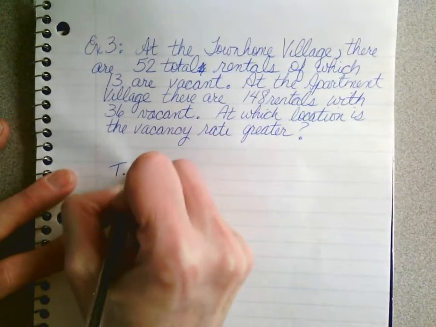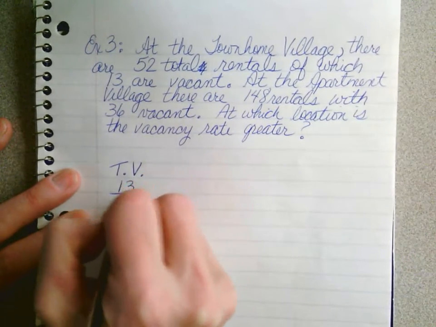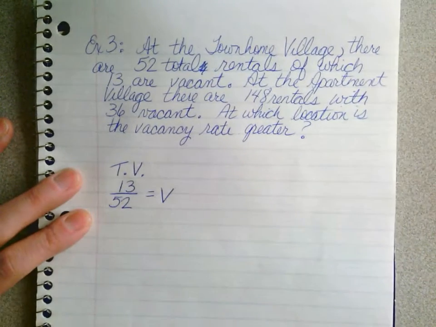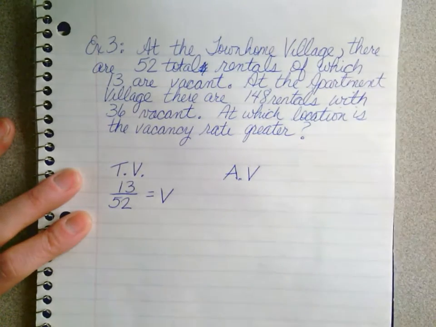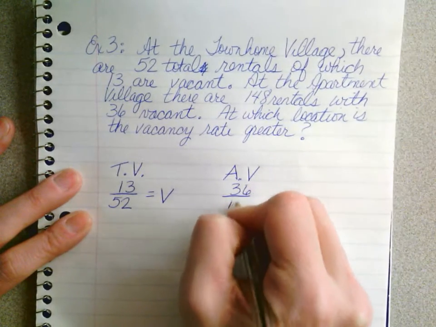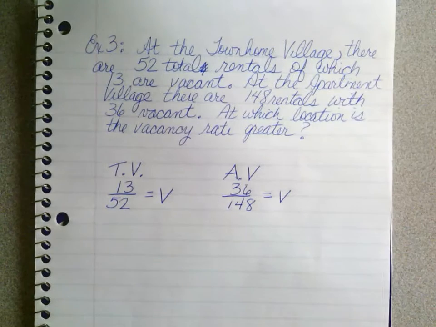So at Townhome Village, 13 out of 52 are vacant. At the Apartment Village, 36 out of 148 are vacant.